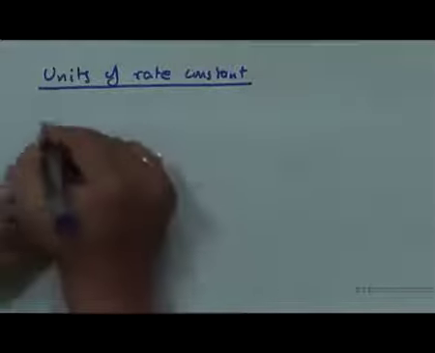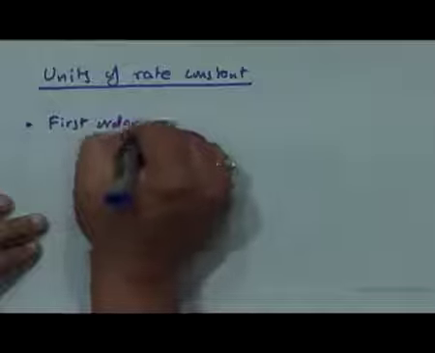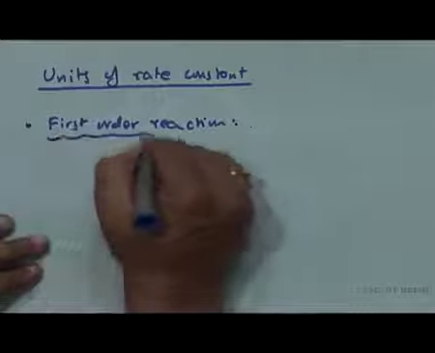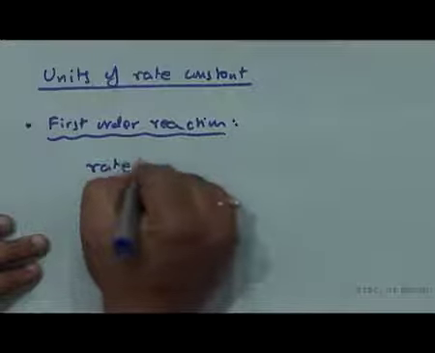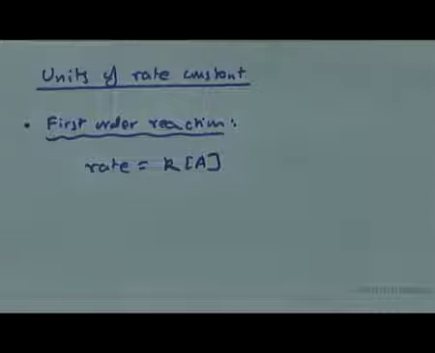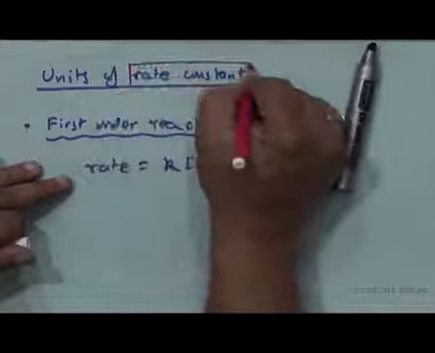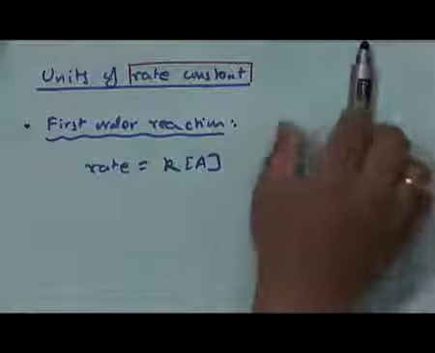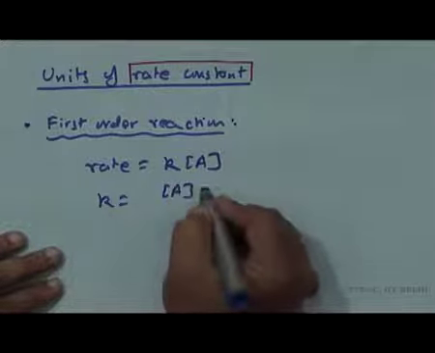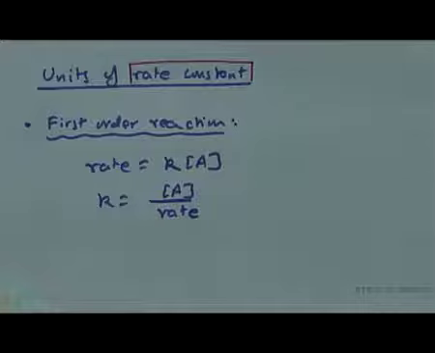Say for example, I do a first order reaction, and in this first order reaction, we know that the rate is equal to k times concentration of A, right, very simple. Remember it is the unit of rate constant I am looking at right now, not the rate, but the rate constant. So, what is k? Then k is equal to the units, the concentration of A over the unit of rate, right.